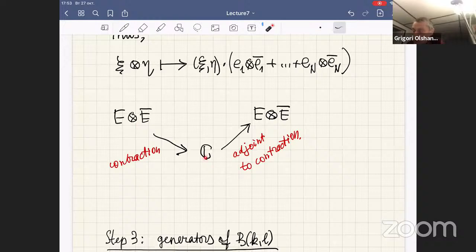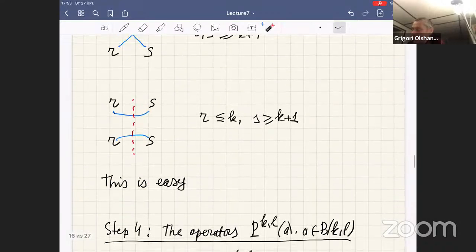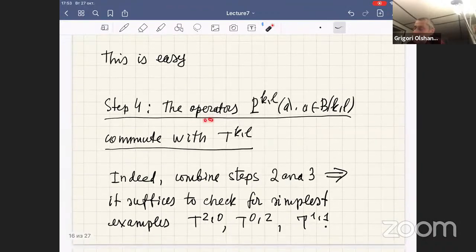Here is the trivial action, and here is also trivial, because here we get, in another interpretation, the scalar operator. So it's easy to see. This step is easy. So we already obtain some set of operators which are contained in the commutant of our representation.